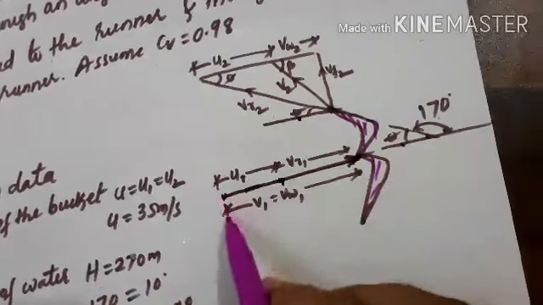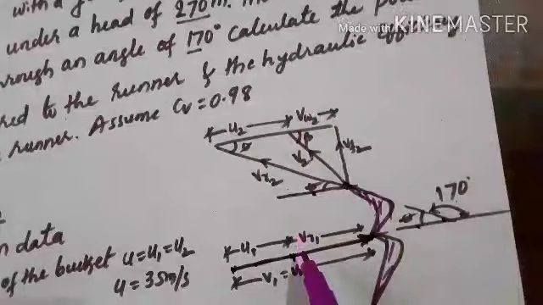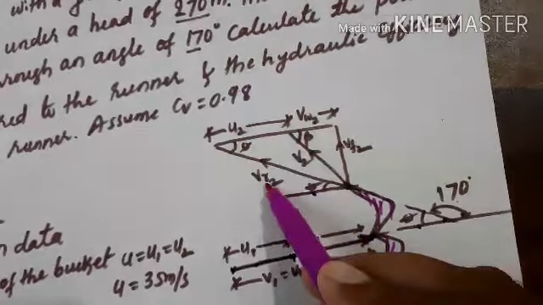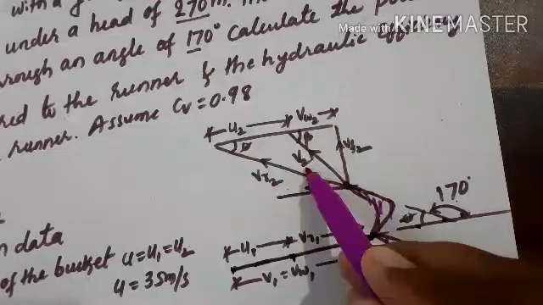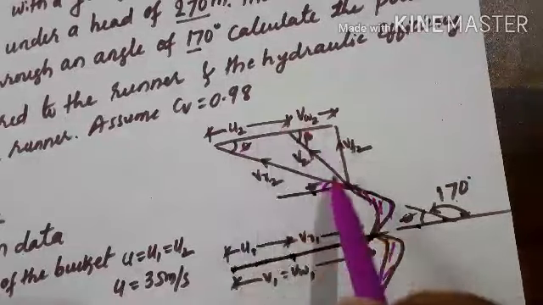So after drawing the inlet velocity triangle, you have to draw the outlet velocity triangle and mark all the components of fluid, the relative velocity Vr2, then the jet velocity V2, then the flow velocity, then the whirl velocity and the vane velocity, all you have to mark.